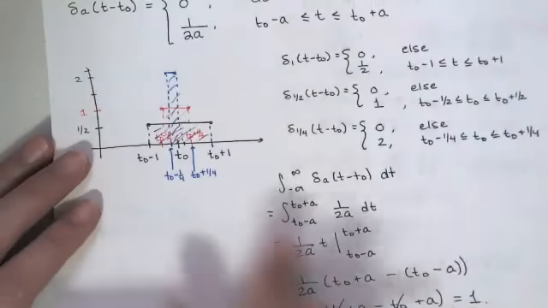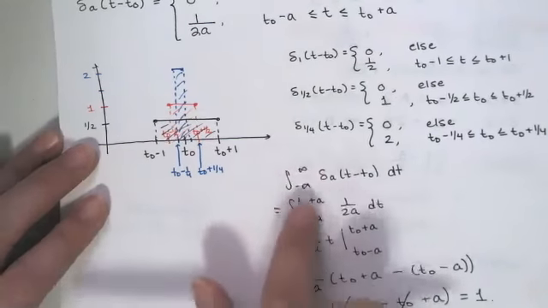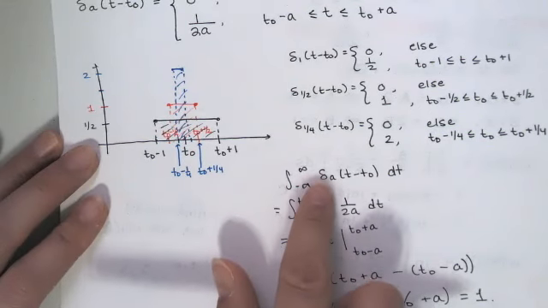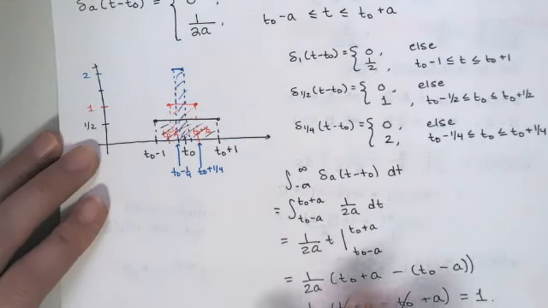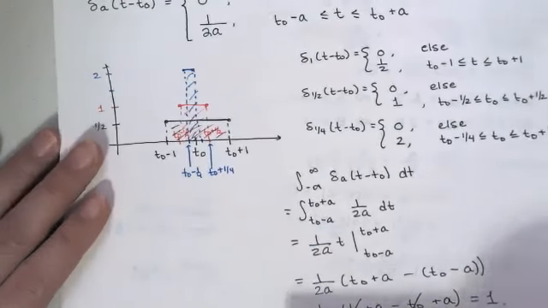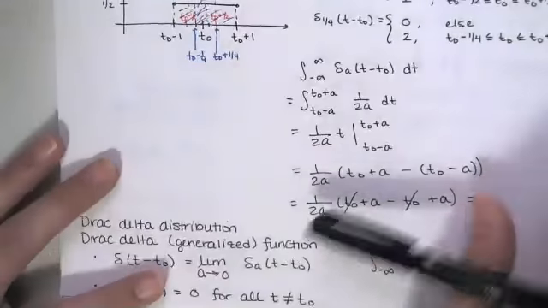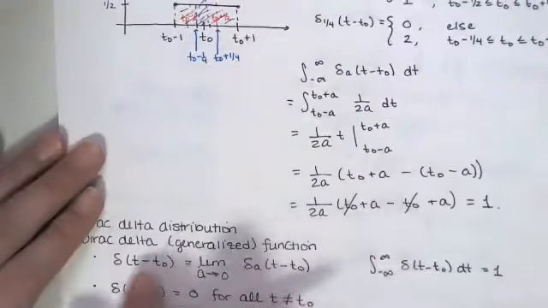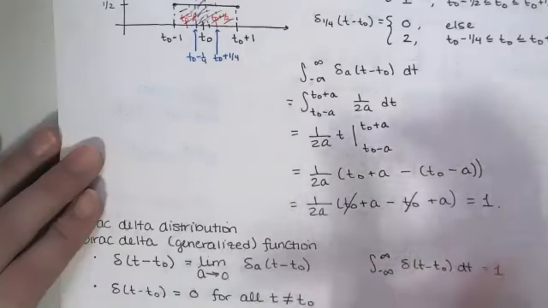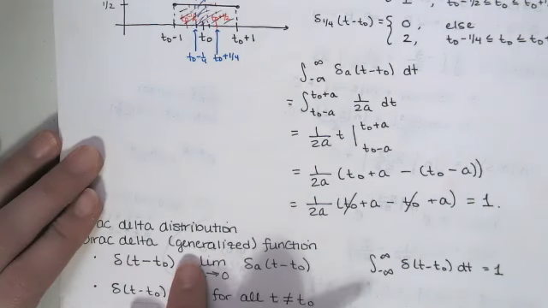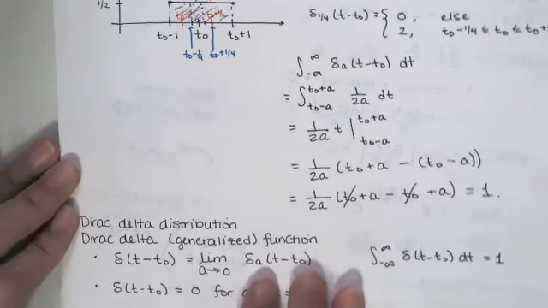For any non-zero value of a, the integral of delta sub a at t minus t naught is always equal to 1. And because we're thinking of Dirac delta as the limit of this, we would still have 1 over 2a times 2a, and those will reduce every time, and we're going to get 1, even as a approaches 0.